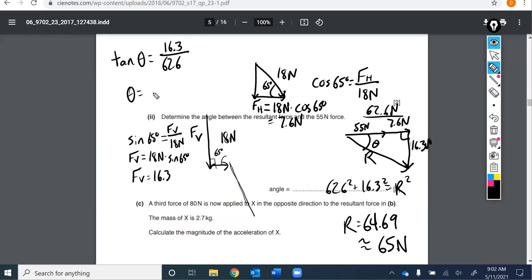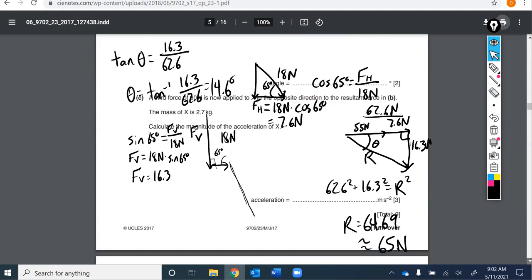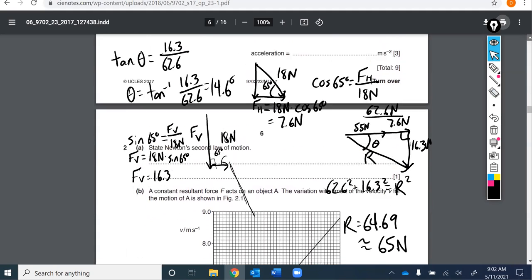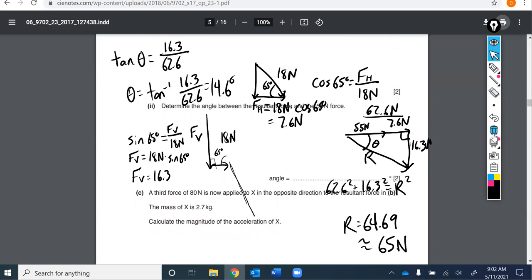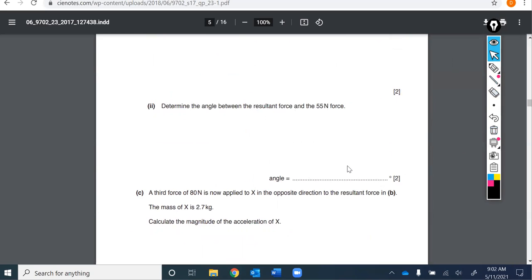And so the angle theta then would be the inverse tangent of that ratio of sides. 16.3 over 62.6 is 0.26, and the inverse tangent of that is 14.6 degrees. 14.6 degrees would be the angle there.